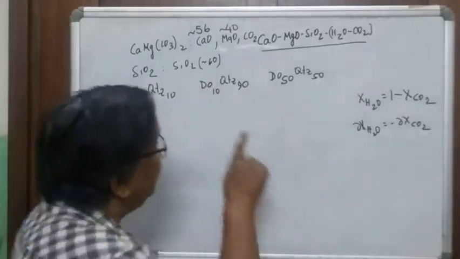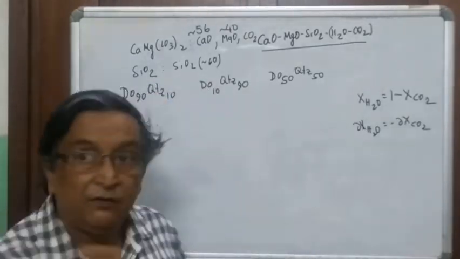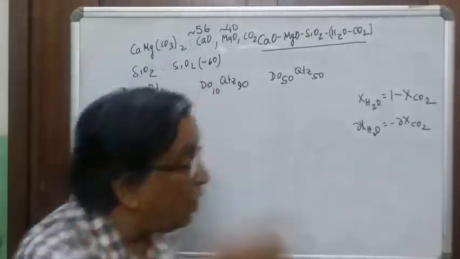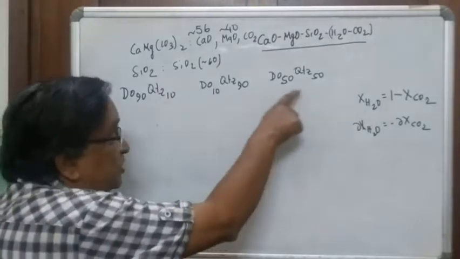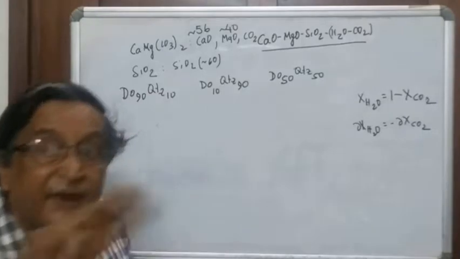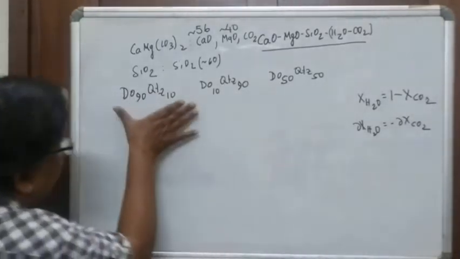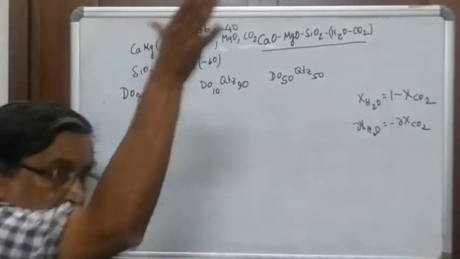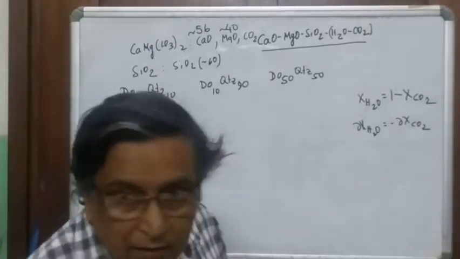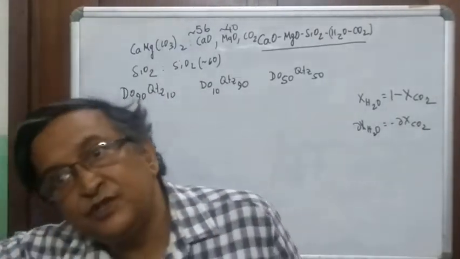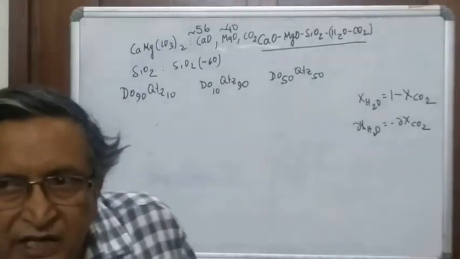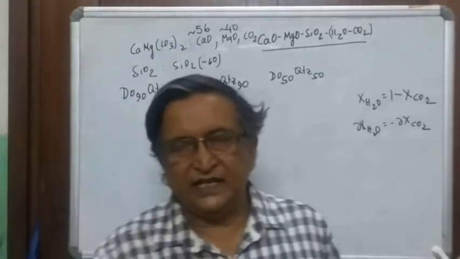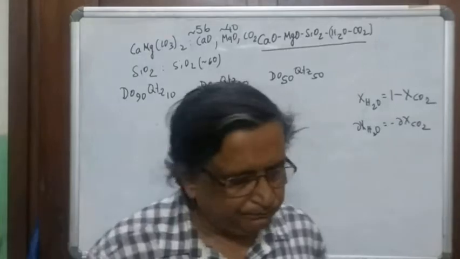So you can have diverse rocks with the same fluid composition, or you can have the same rocks, diverse rocks with different fluid composition, or you can have the same rock in the field but with different fluid compositions. You will see how it will reflect when we are studying metamorphism, and that is what is important.